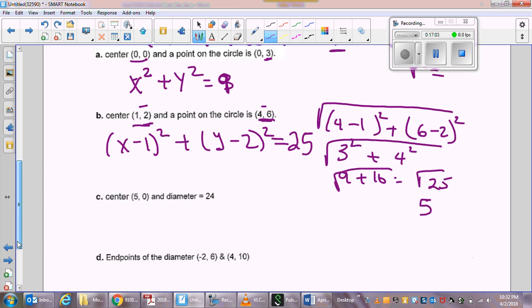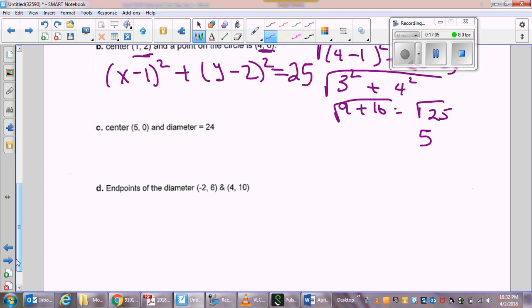And we're going to do a lot of practice like this, okay? And I strongly suggest plotting it and using a squared, b squared, c squared to find it. So the center is (5, 0). The diameter is 24. So if the diameter is 24, what is the radius? What's the relationship between diameter and radius? The diameter is going to be 2 times the radius, right?